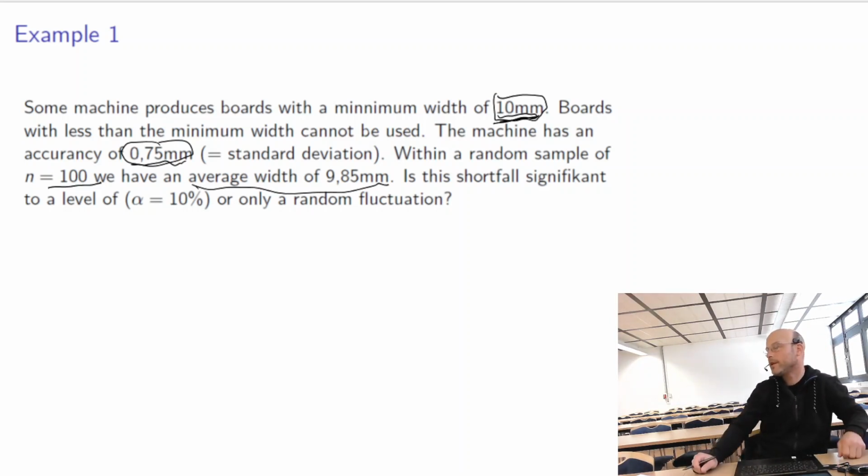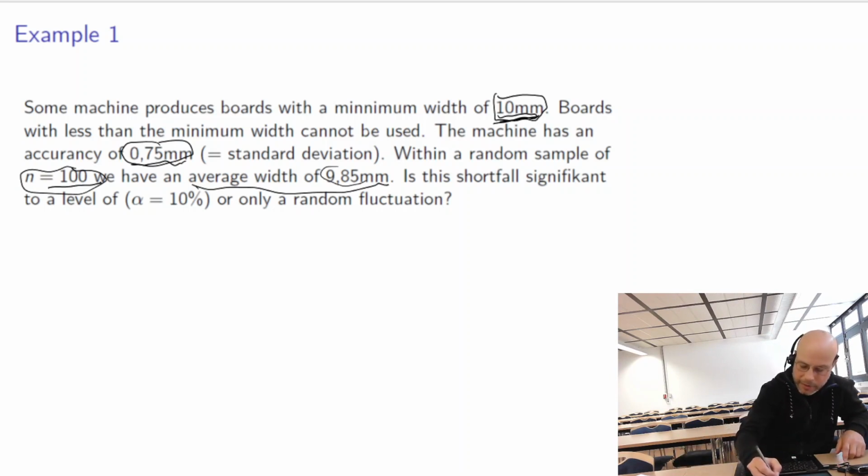It could only accidentally be the case that we have exactly 10 millimeters on average. In practice, if we take a sample of 100 boards, we will obtain some number in the neighborhood of 10 millimeters, and in our case it is 9.85 millimeters.